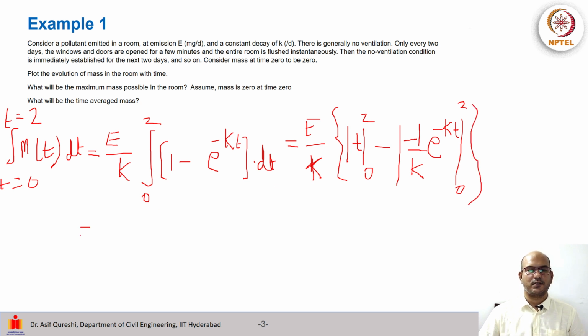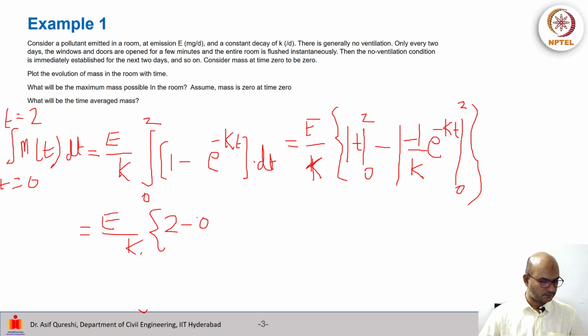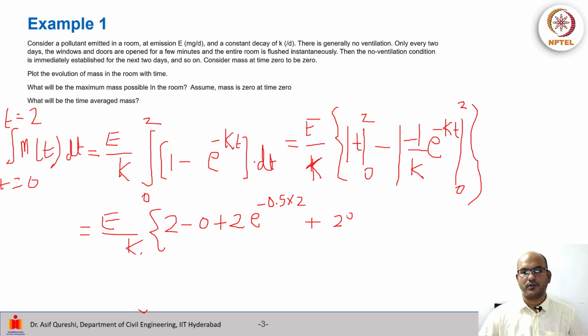So this solution is e by k, 2 minus 0, plus 2 e to the power minus, t is 2 and k is 0.5, so 0.5 multiplied by 2, minus, plus 2 e to the power 0, because here 0.5 is k multiplied by 0.